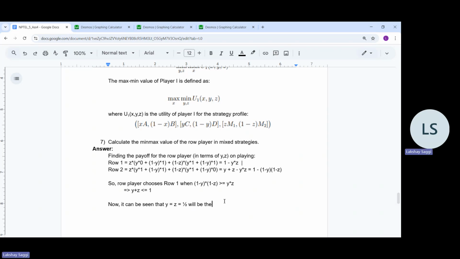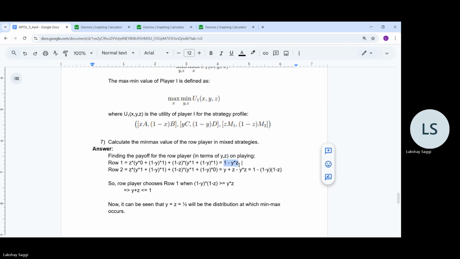And this will be the value at which this will be the distribution at which min max occurs. So what will the value be equal to here now?